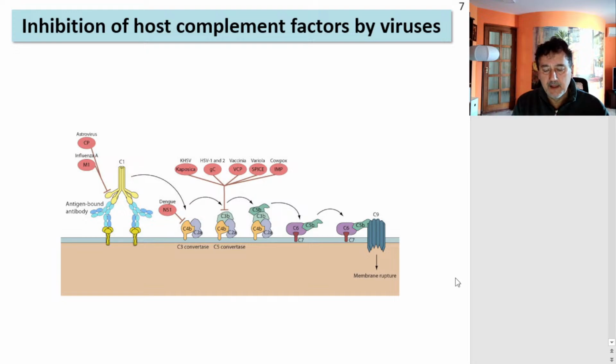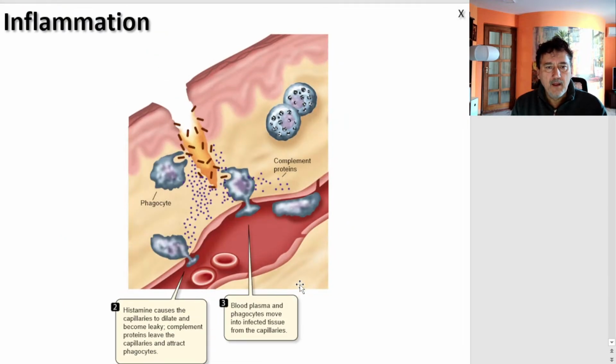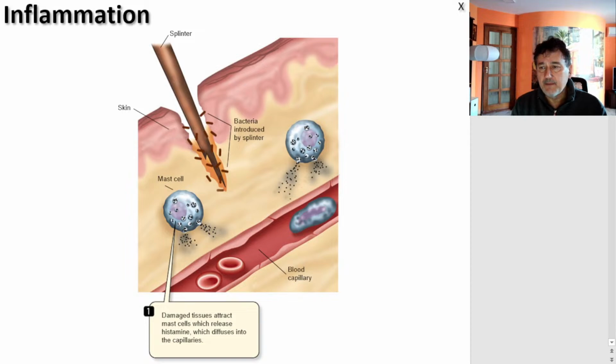For example, they mark the bacterial cells for destruction, and the last component makes ruptures on the bacterial cell surfaces, or not only on bacteria but also cancer cells, thereby evoking lysis of these cells. Okay, so inflammation is a very important step of the immune defense. Many people think that inflammation is a bad thing and has to be alleviated, you know.